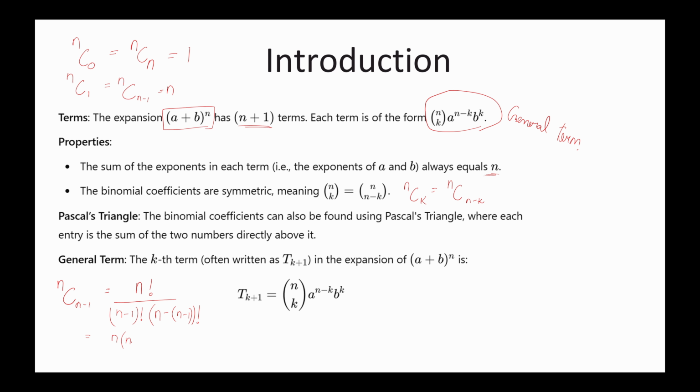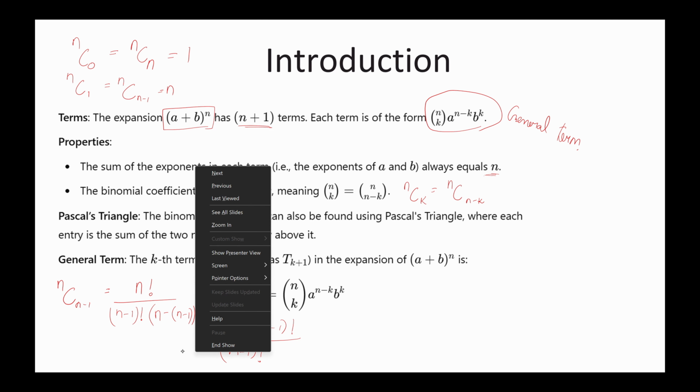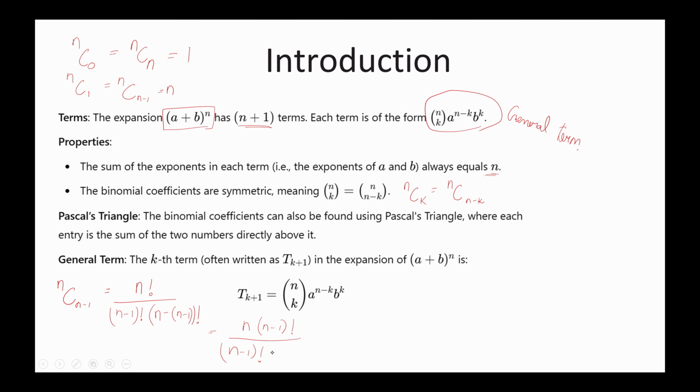This becomes n into n minus 1 factorial upon n minus 1 factorial, and n minus k becomes 1 factorial. From here n minus 1 factorial gets cancelled out and we are left with n as our answer.